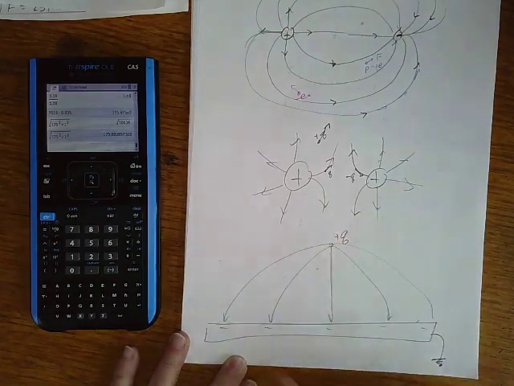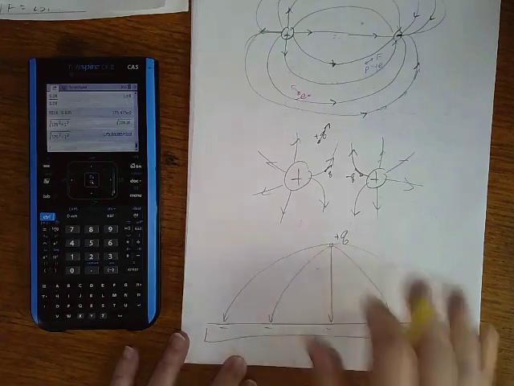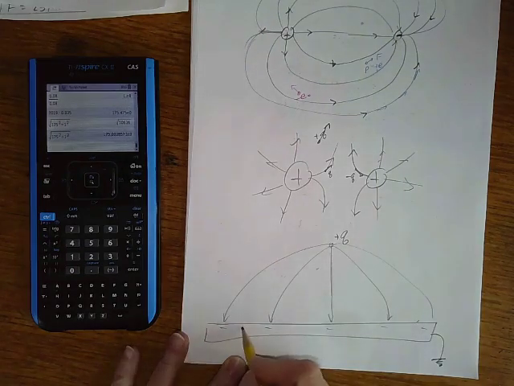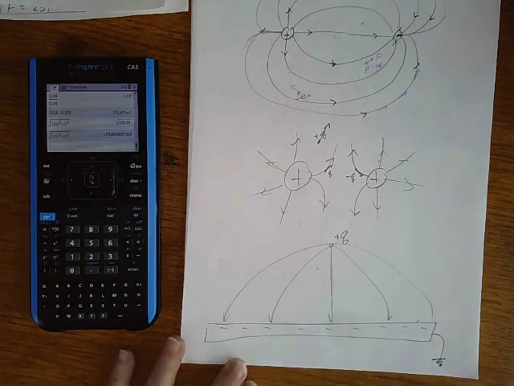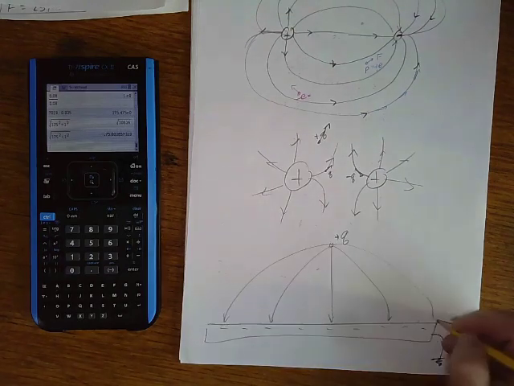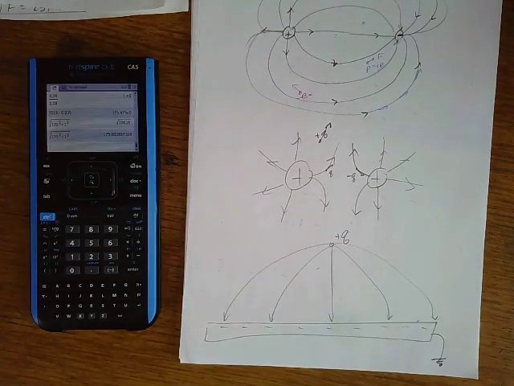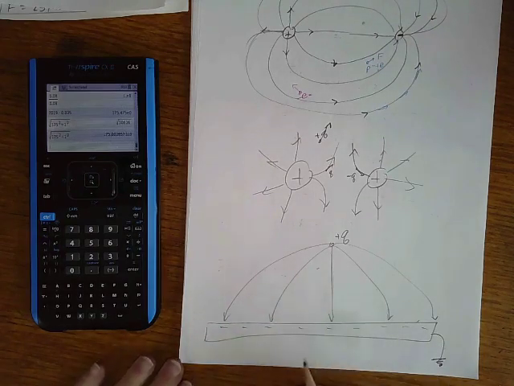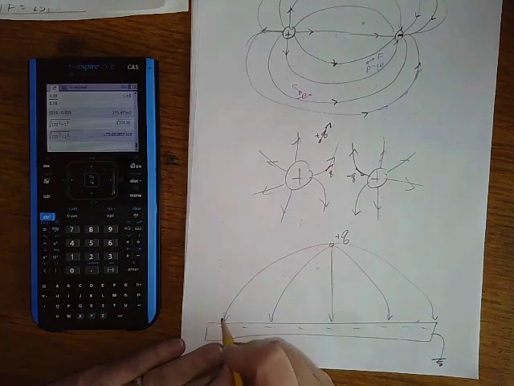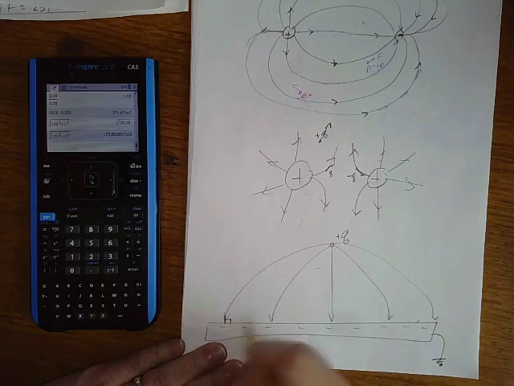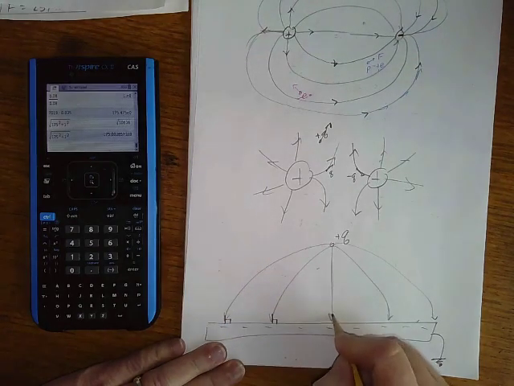Positives are up here, so it's going to draw negatives up from the ground, and they'll distribute out. However many charges, it will make a nice symmetric picture and make the field lines all come down, something like that. So when we have a conductor, the electric field lines always come in perpendicular, right?